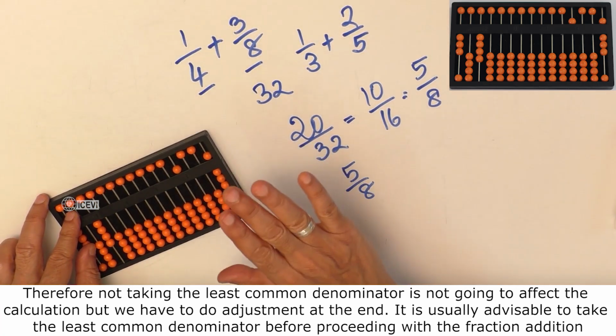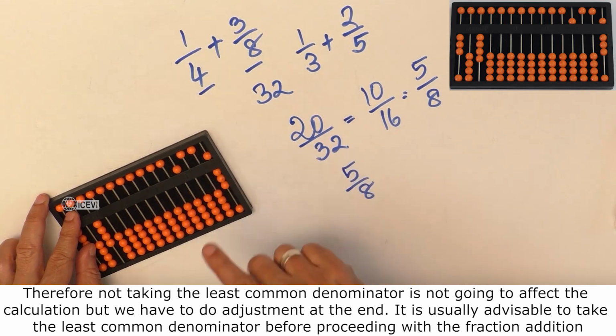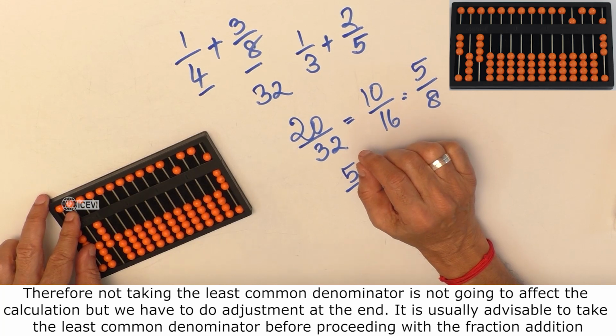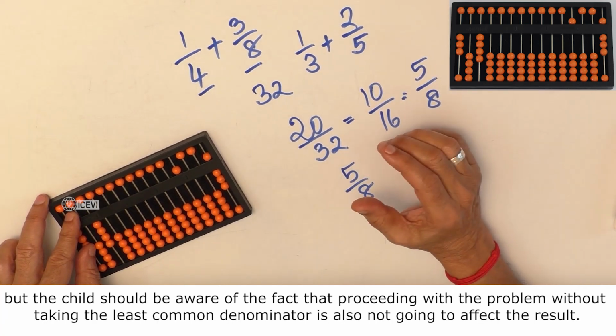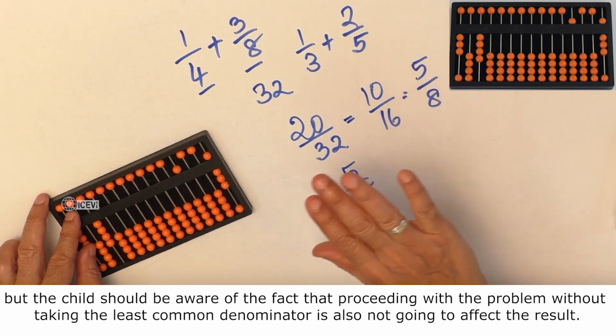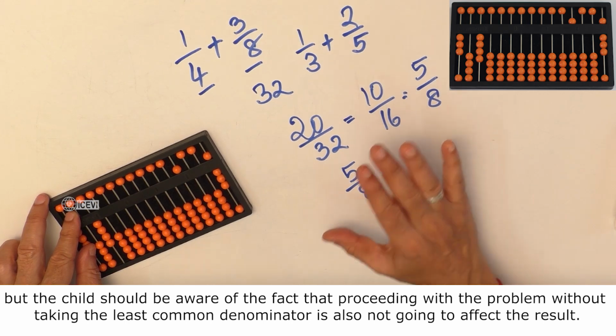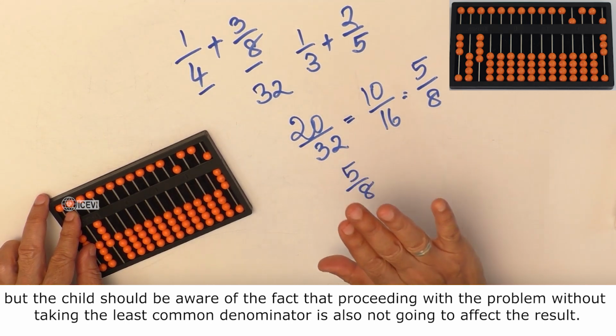It is usually advisable to take the least common denominator before proceeding with the fraction addition, but the child should be aware of the fact that proceeding with the problem without taking the least common denominator is also not going to affect the result.